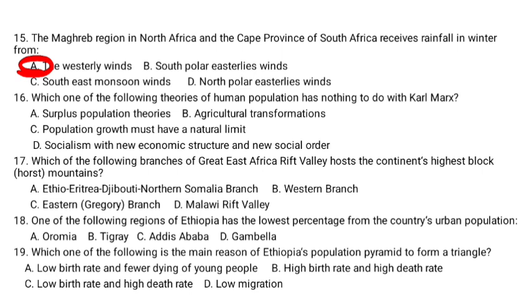Population growth must have a natural limit is a theory of Malthus. The argument of Malthus discusses the imbalance between natural resources and growth of population that leads to poverty and famine, so the population must be limited.